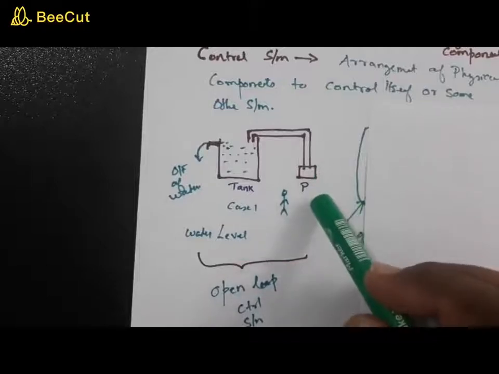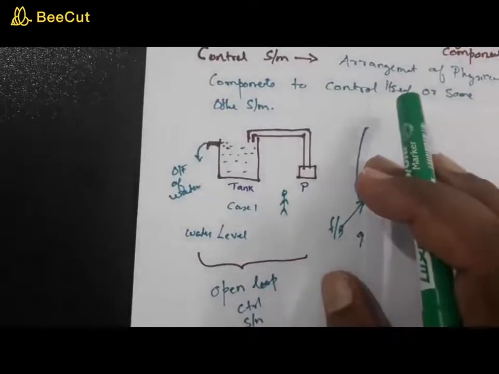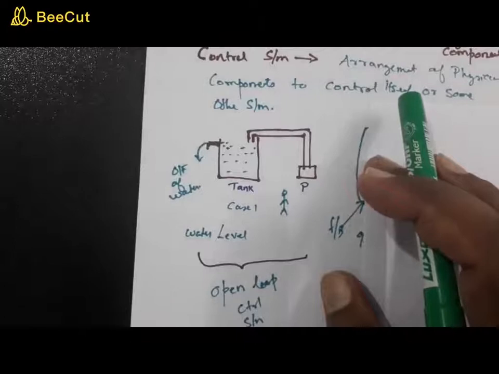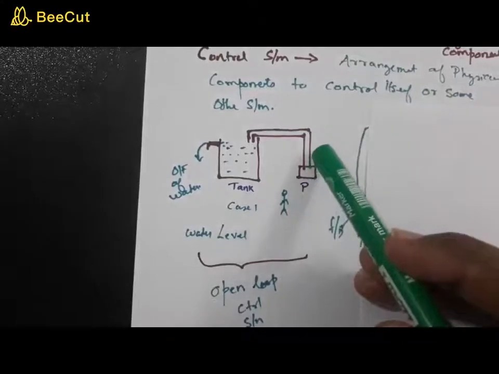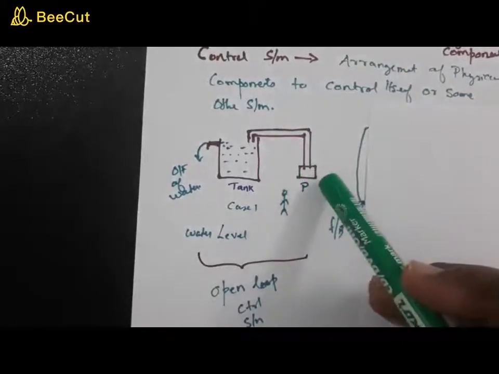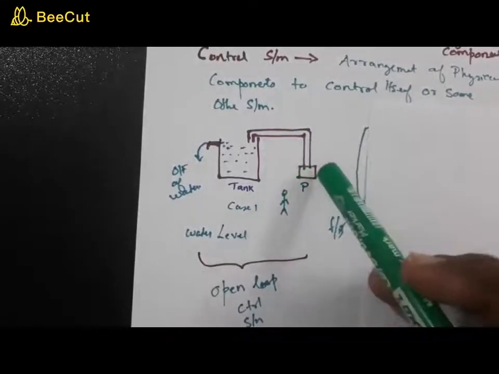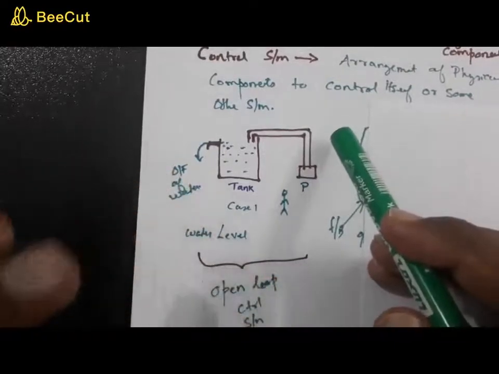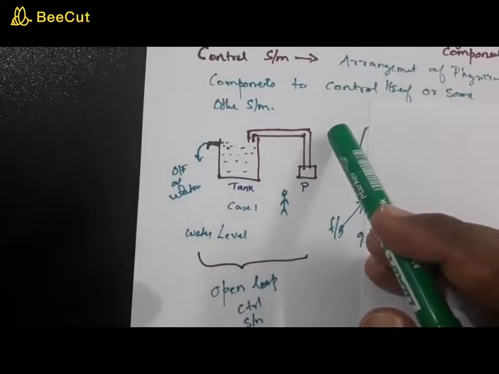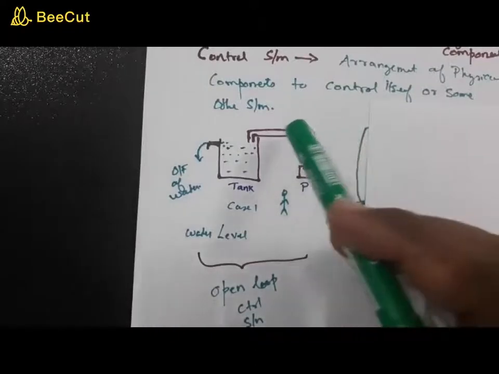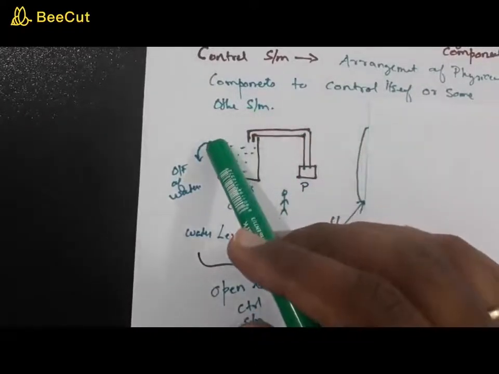Now, in your summer season, the water level in the well will also decrease. Once it decreases, the pump may not be pumping the water in the exact volume as it was before. So obviously this will take too much time.